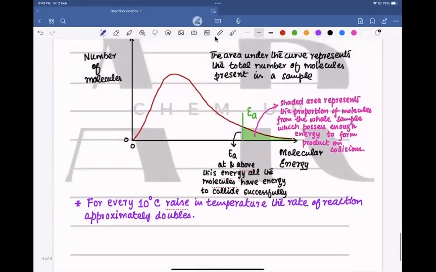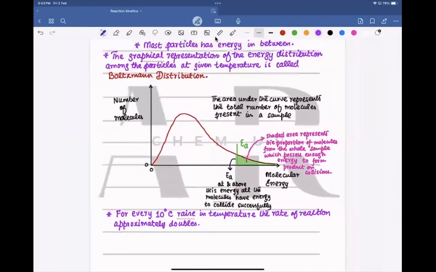If anyone of you has any confusion in this, sometimes the examiner gives this in MCQs in paper 1 as well. You have to know that at this point there are the most number of particles, right? So this energy over here on the x-axis is the most probable energy of the molecules. Is this clear? And out of the whole area, these are the whole number of molecules.